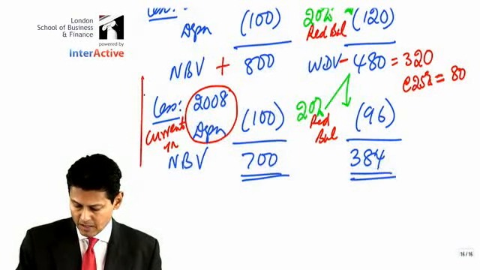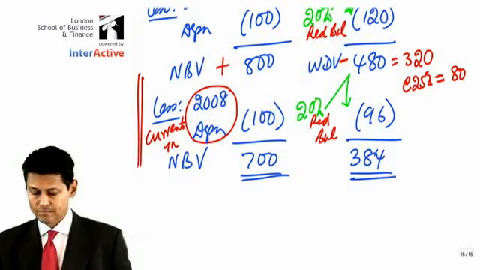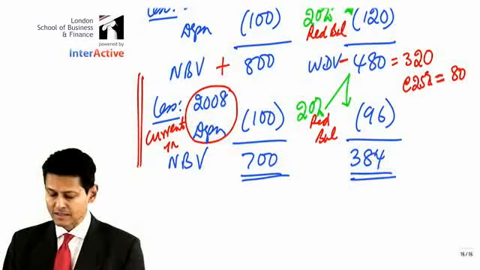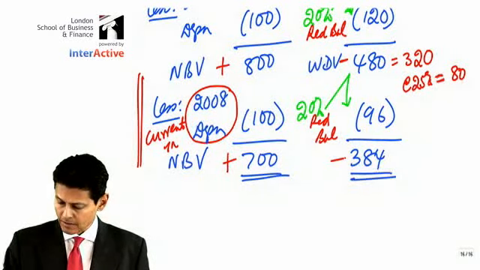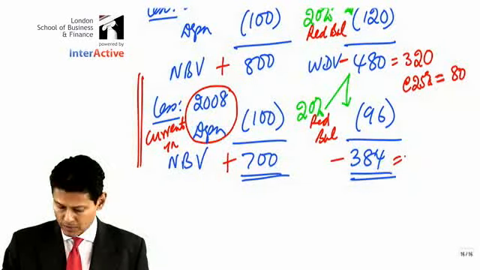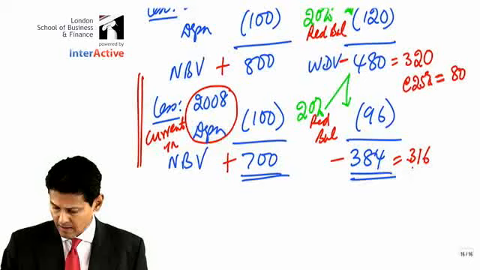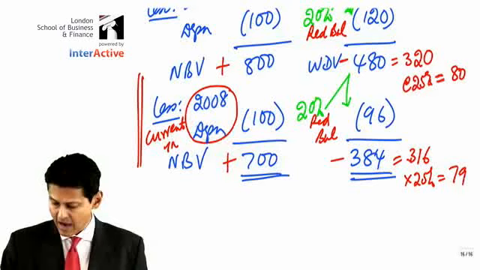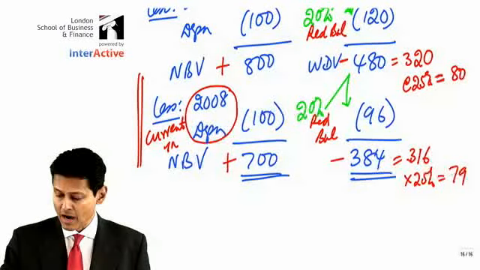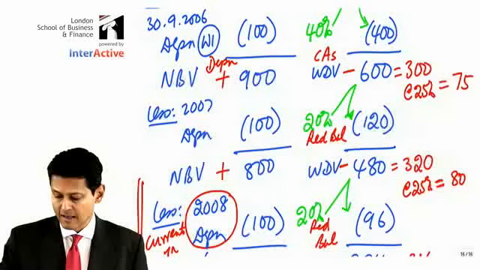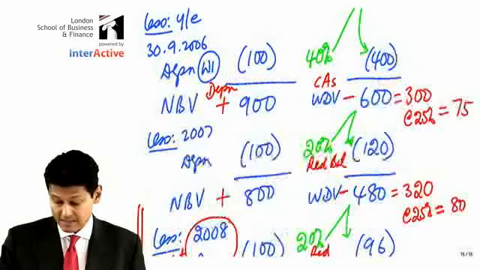This chunk of time, that year, those 12 months. So let's continue our process. This is a plus, this is a minus. So this equals 316. Obviously, times 25% equals 79. And those figures are crucial as we flick back to our earlier exercise and complete our question.